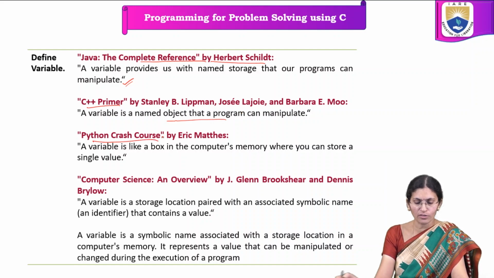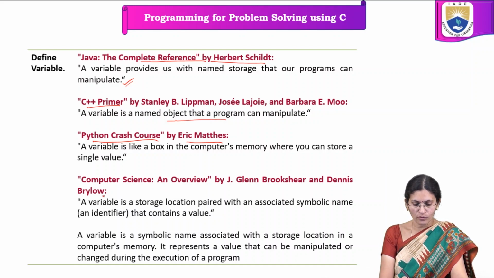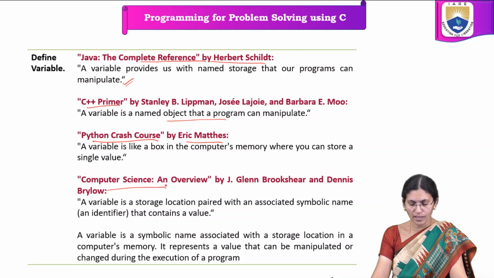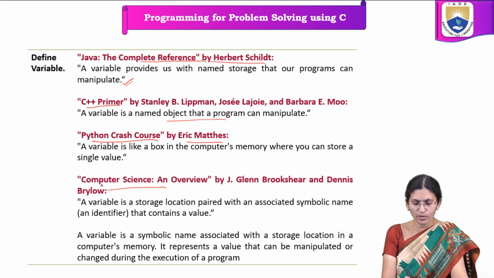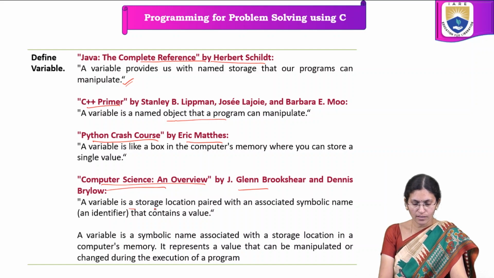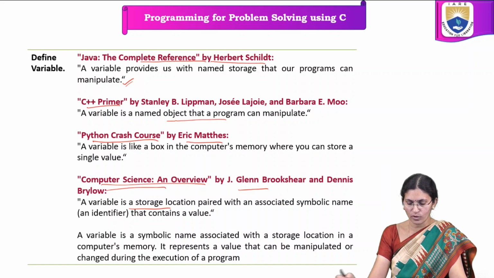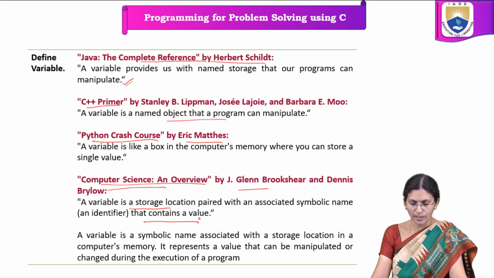According to the textbook Python Crash Course by Eric, a variable is like a box in computer's memory where you can store a single value. Next is Computer Science: An Overview by J. Glenn, where a variable is a storage location paired with an associated symbolic name that contains a value.